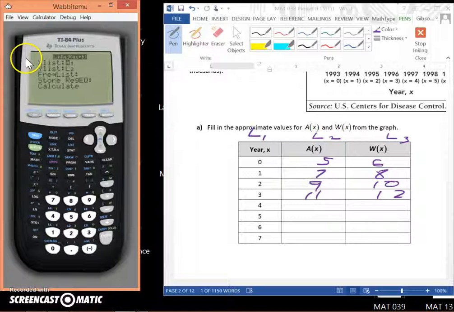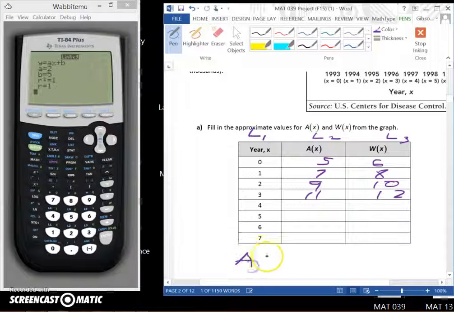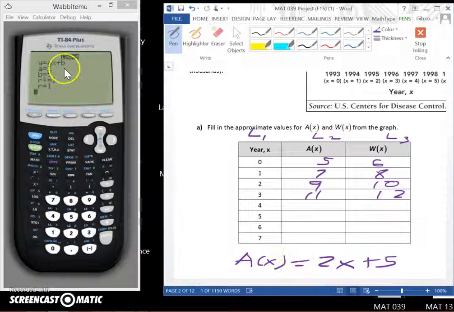We'll press 4. If you notice, the X list is L1, the Y list is L2. So right now we're just finding L1 and L2. And we'll press Enter until we're able to calculate. So for A of x, I'm just going to write that here. A of x would be 2x plus 5. That would take care of A of x.